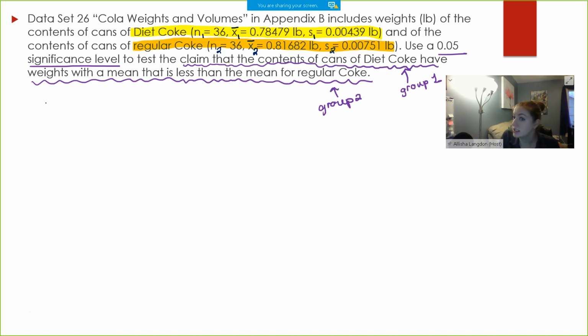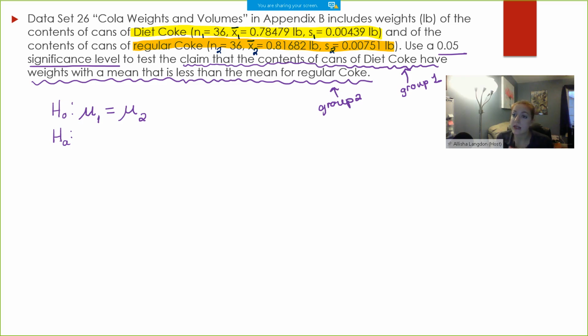So the first thing we need to do, what we did last time, is we need to come up with our null hypothesis and our alternative hypothesis. So our null hypothesis is always going to be the same, that in fact the means, the population means of the two groups, mu1 and mu2, are actually equal.